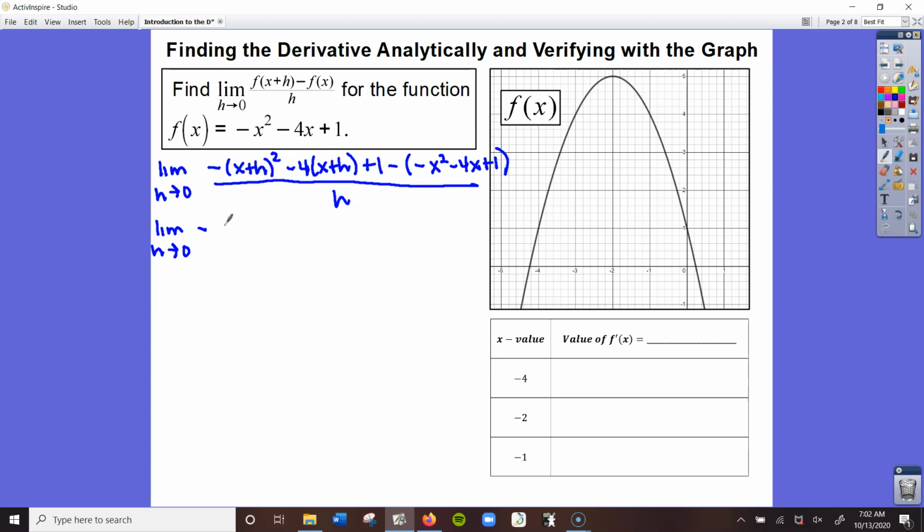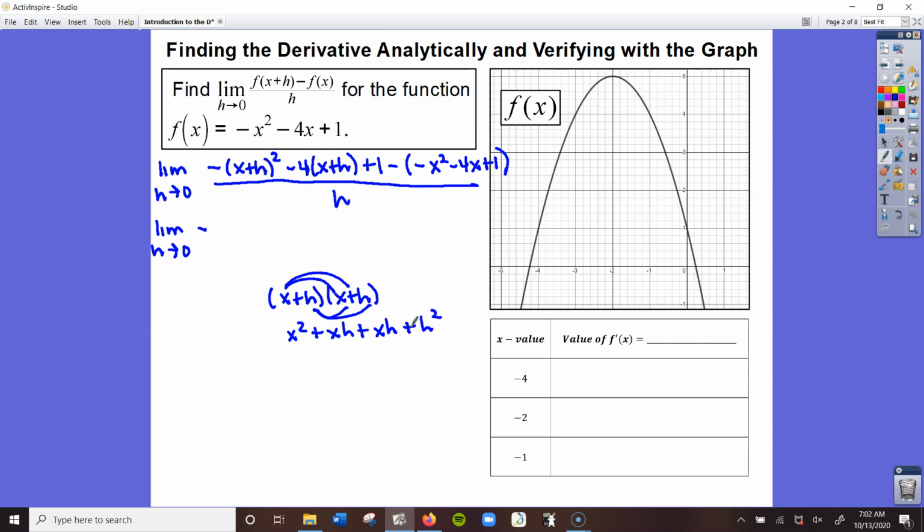I'm going to skip a little bit to condense this video. But if you were to distribute that, remember that x plus h is this. I'm going to do it over here and then I'm going to erase it. x plus h times x plus h. When you FOIL, you get x squared plus xh. Then you have another xh, and then finally plus h squared.